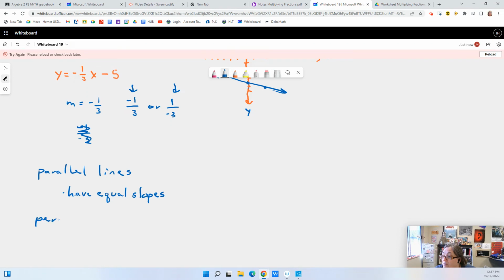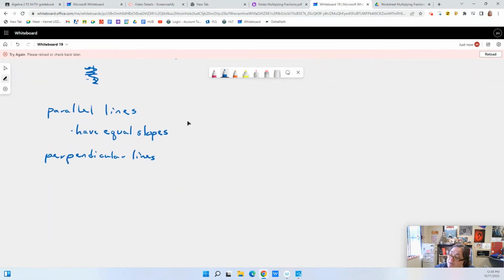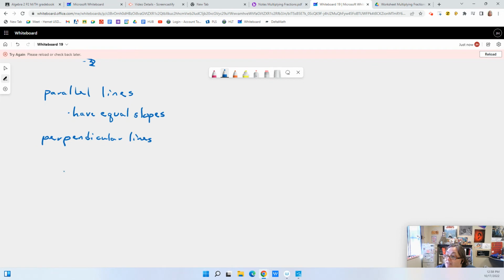Perpendicular lines. Does anyone remember the slopes of a perpendicular line? Wasn't that long ago that we did this. Opposite sign, yes, and then reciprocal, right? They have opposite reciprocal slopes.